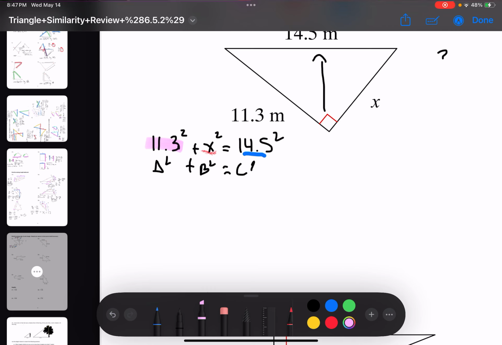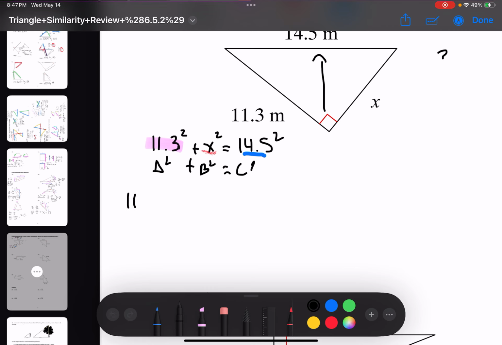My head hurts really bad. So let me switch. Let me get my calculator. 11.3 squared, okay, there we go.